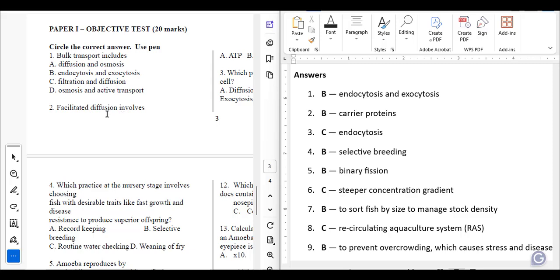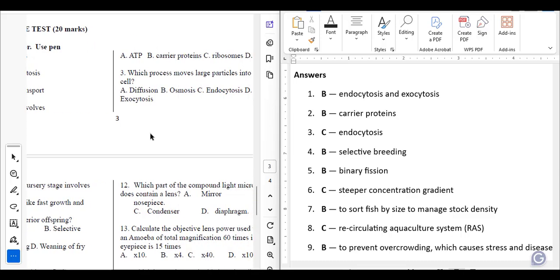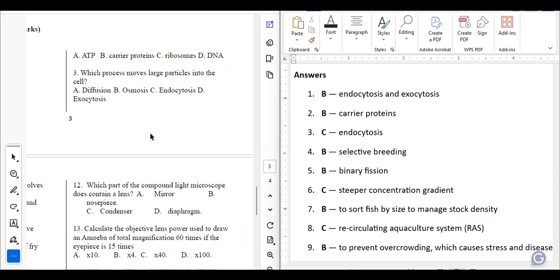Then 2, facilitated diffusion involves: A, ATP, B, carrier proteins, C, ribosomes, D, DNA. So we have carrier proteins. We know that even though it's a diffusion, the substances move along the concentration gradient.